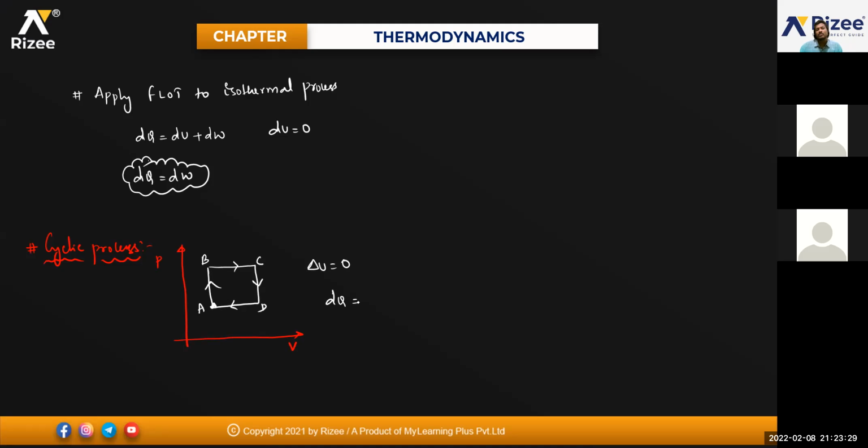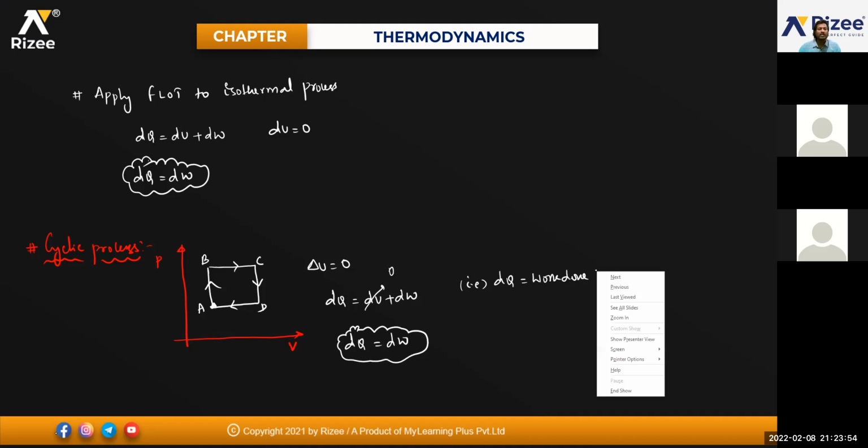If I apply the first law of thermodynamics, dQ is equal to dU plus dW. Internal energy will become 0. So dQ will be equal to dW, that is, the work done by gas.